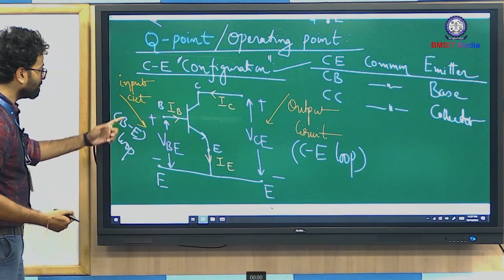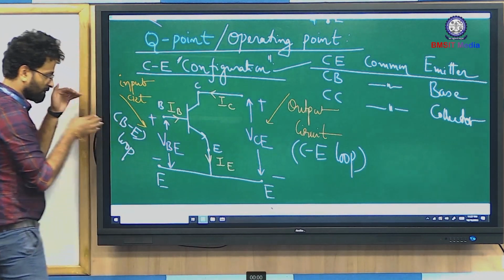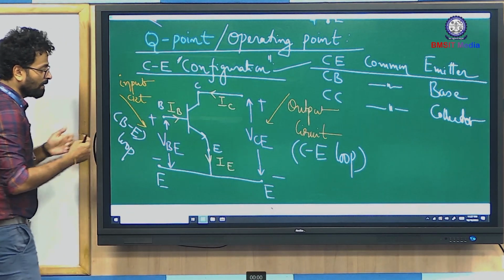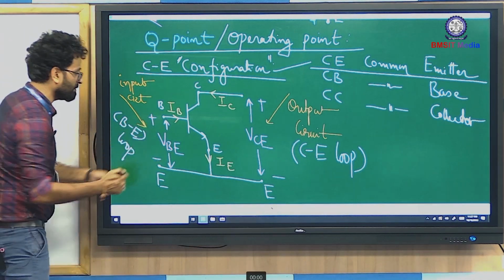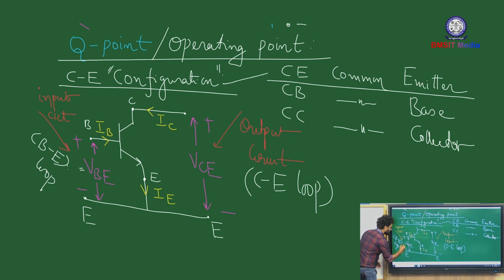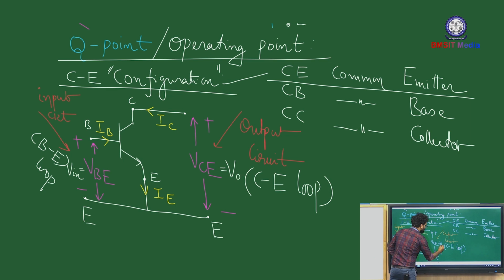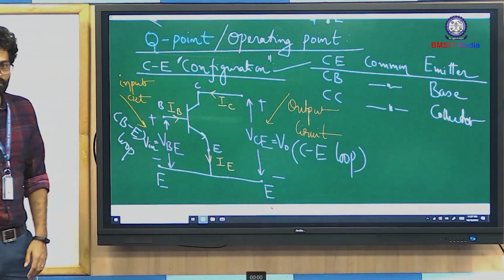Okay. If you look at the base emitter loop, you would find the input voltage, right? VBE. So your input voltage V in can be considered as VBE, and VCE, since it is observed at the output side, you can consider it as V naught or V out.